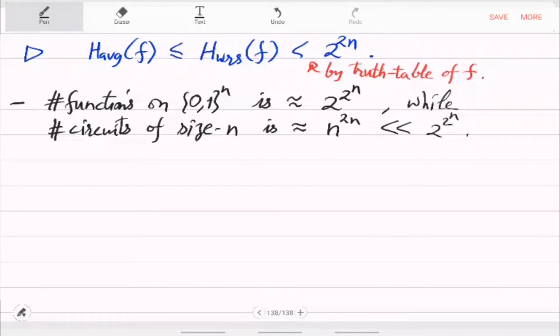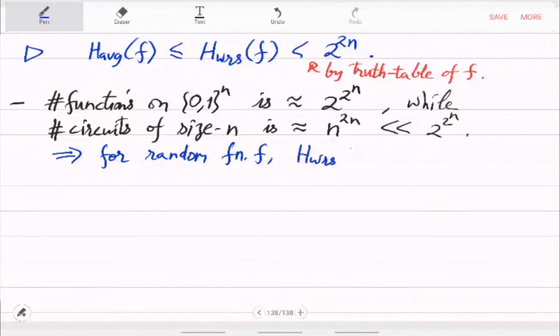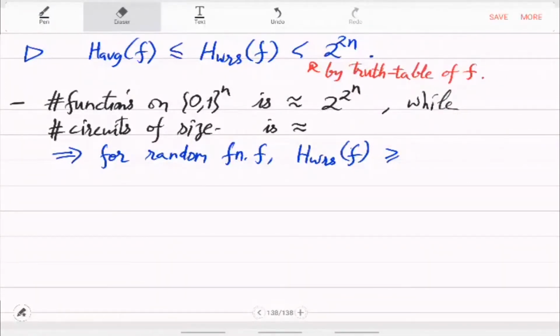So this means that usually, for random F, the worst case hardness is... let me replace this by some size s.